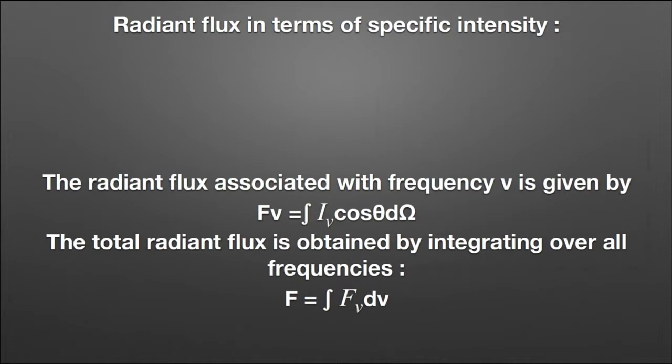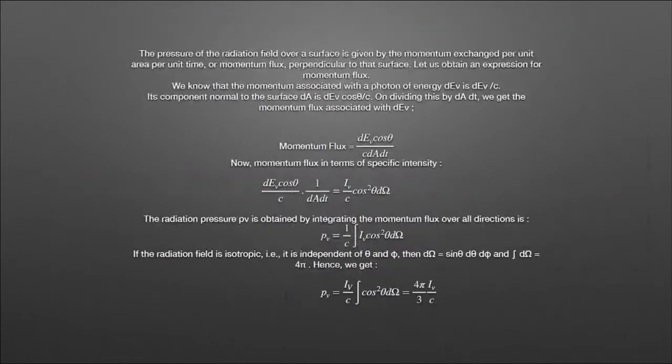So we simply divide the previous equation by dA dt, and we get the radiation flux with frequency ν given by F_ν = ∫ I_ν cos θ dΩ. The total radiation flux is given by F = ∫ F_ν dν, simply integrating it over the limits.